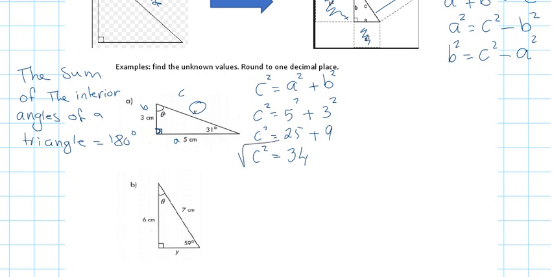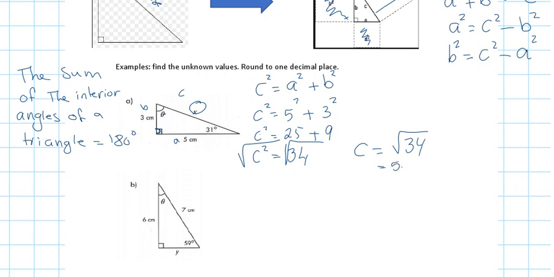On the calculator, you need to find where the square root button is, and then do the square root of 34. Your answer is going to be 5.8.